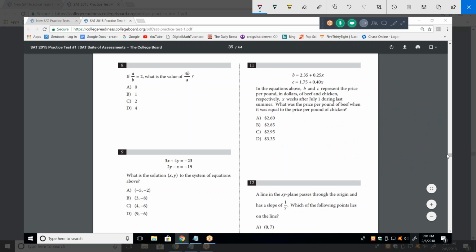I would say that's a medium problem, mainly because there's 2 steps. If they would have asked you to solve for x, I would have said it's an easy problem. But asking you to solve for the actual price means you had to solve for x first and then plug it into either equation to solve for the actual price.